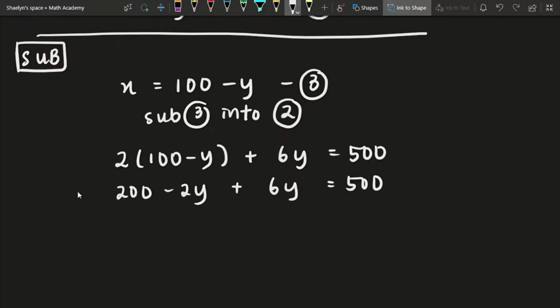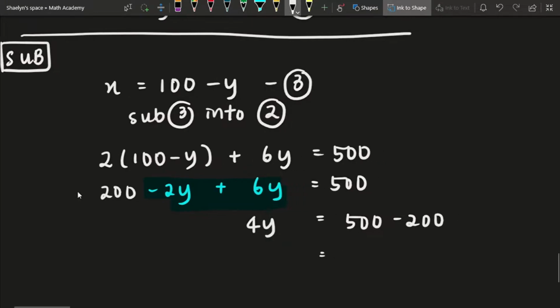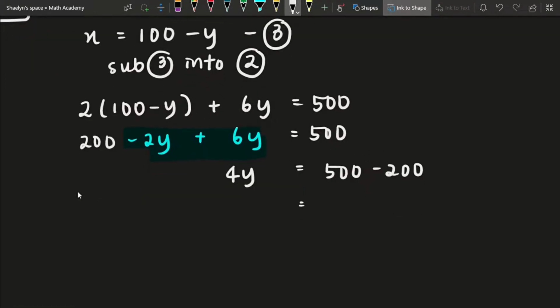And then you can solve it right now because you know that they are like terms. Okay, so negative 2y plus 6y, what do you get? You get 4y. And then the 200, you move to the right hand side, becomes negative 200. So 500 minus 200, you get 300. This is still remaining as 4y.